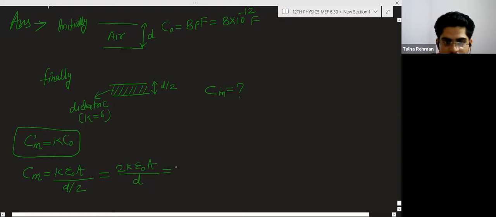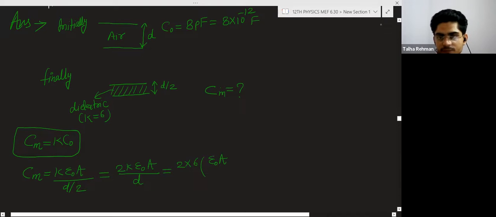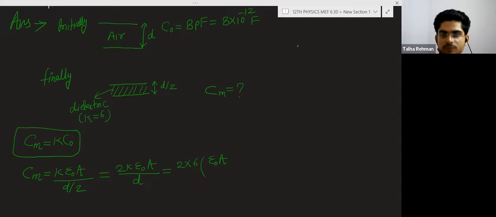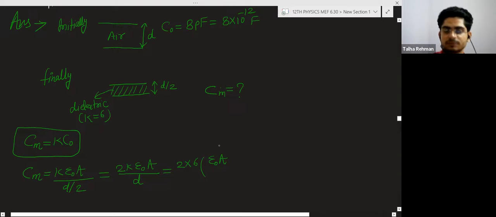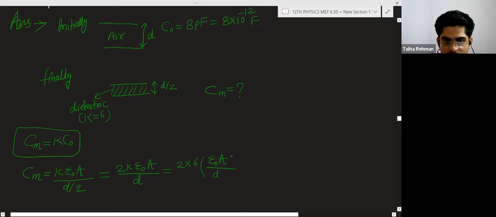And we have the value of K. What is the value of K, Hamza? Value of K. 6, na? K is 6. Oh, yeah. So epsilon naught A by D, and this is 2 into 6, which is 12. And what is this?